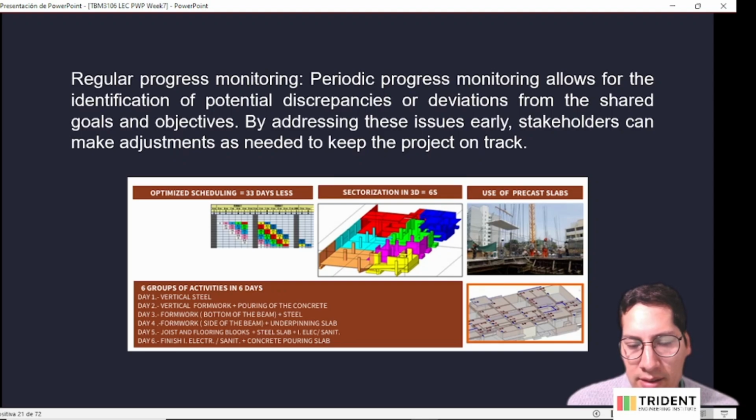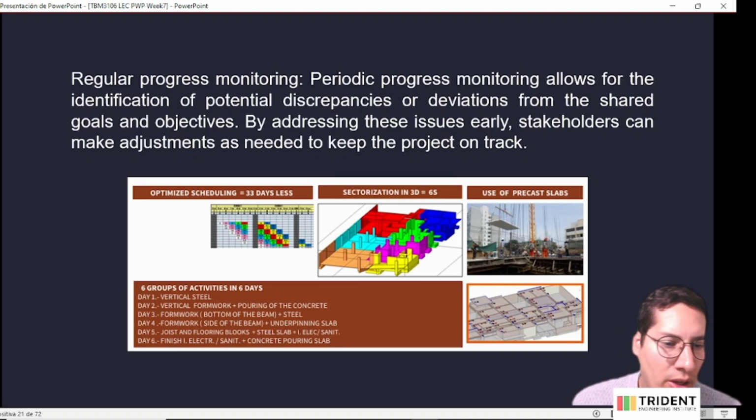In this case, this is a residential building, and they organized different sectors, and they made sectorizations in 3D, and they sectorized all these elements to use precast slabs to optimize their times.